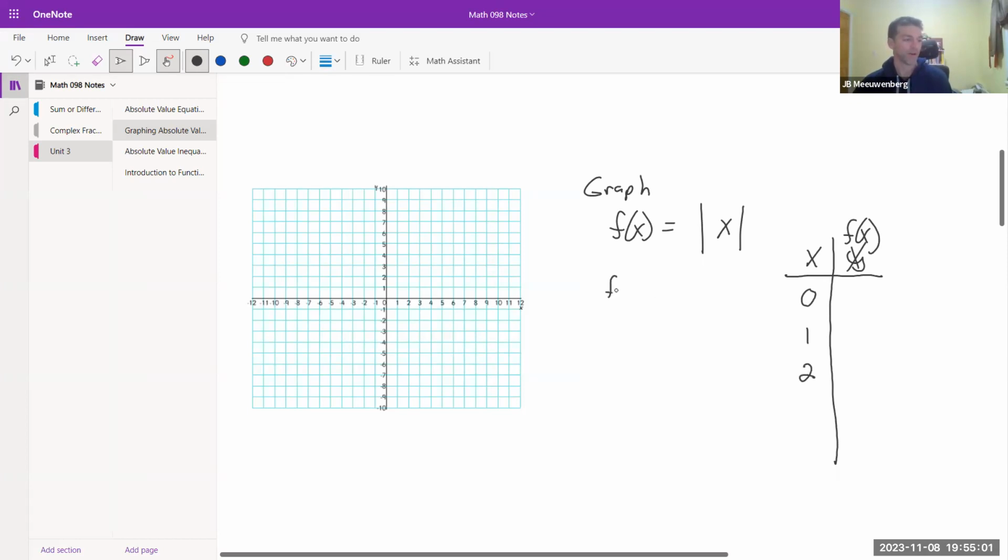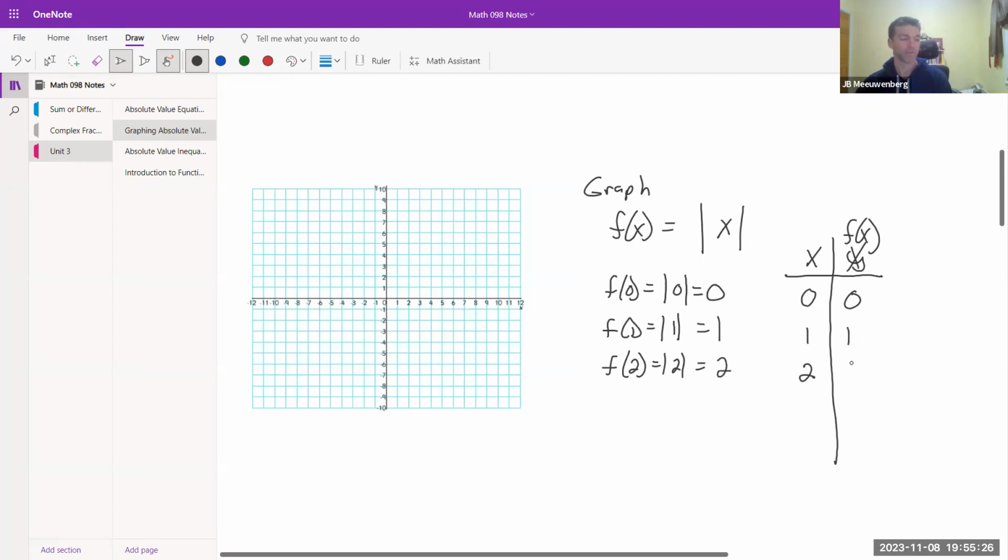So f of 0 is equal to the absolute value of 0. And what's the absolute value of 0? Just 0. How about f of 1? Well, that's the absolute value of 1, which is 1. And the absolute value of 2, f of 2, that's equal to 2.